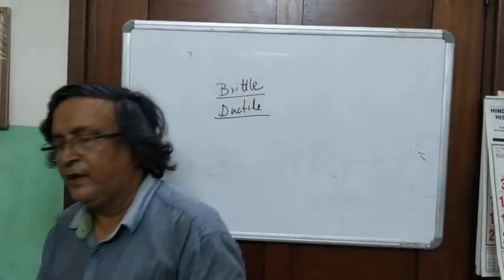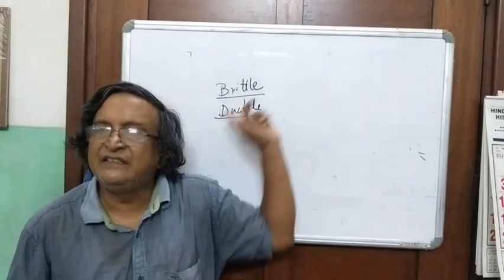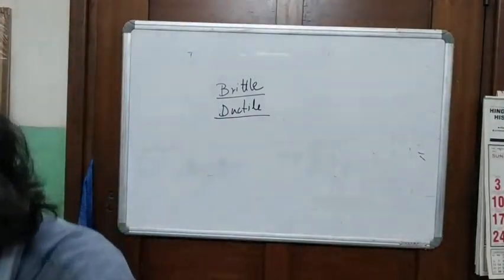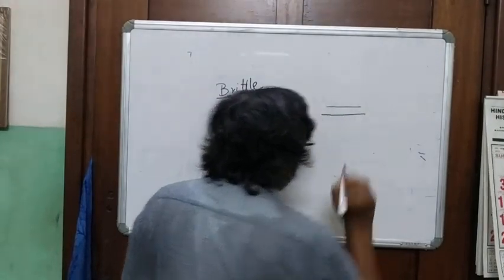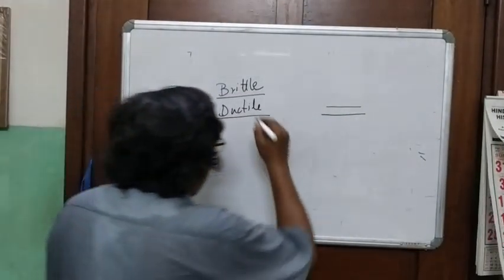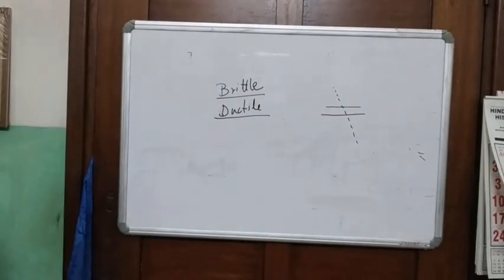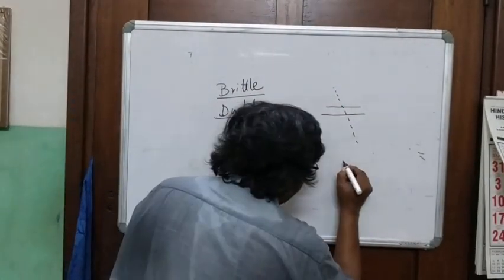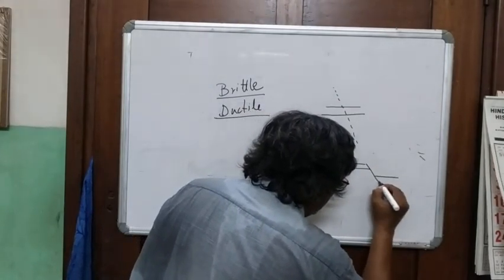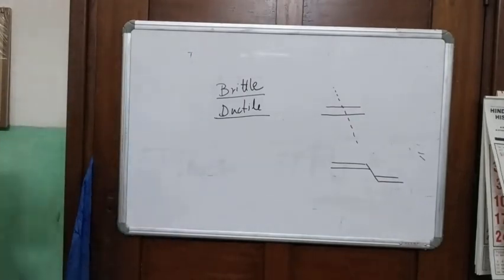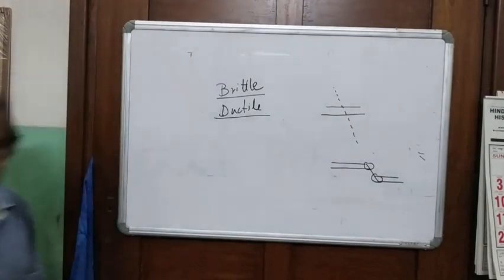Very simply, look. Brittle deformation, the rock breaks. Say, for example, I have a rock and there is a plane developed. And the next step, what happens is, you see, this point is now transferred to this point.